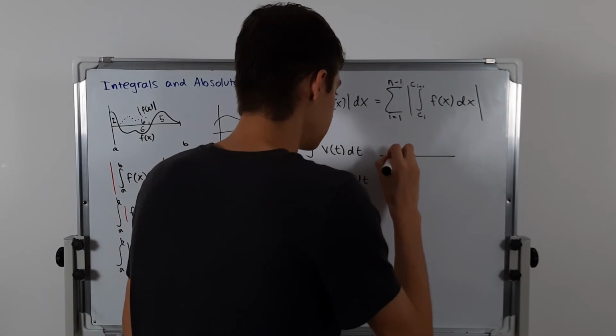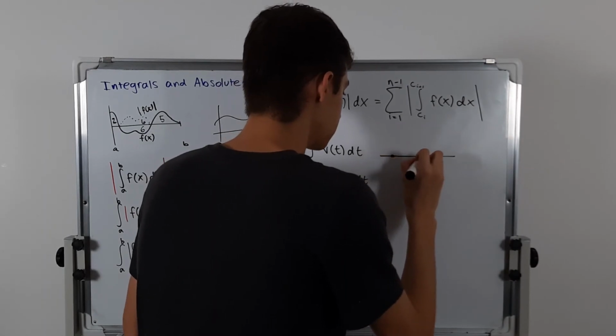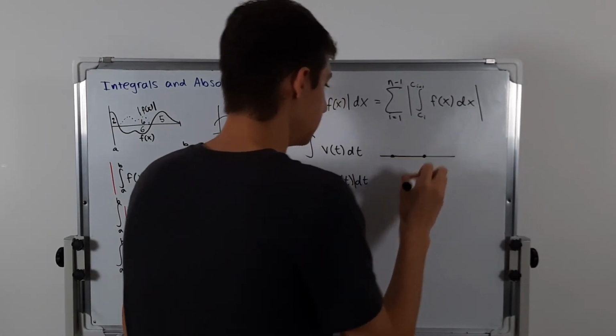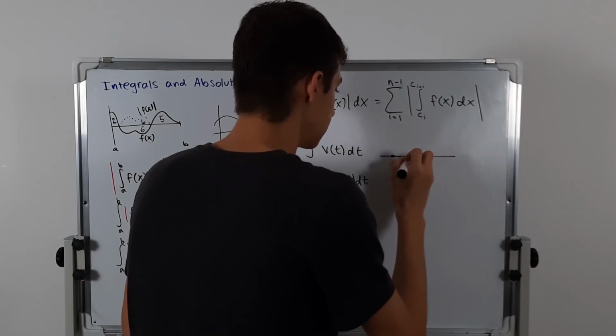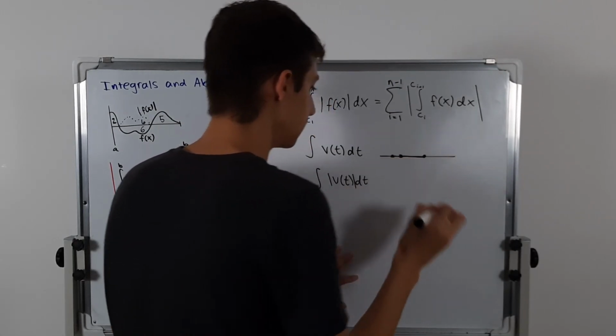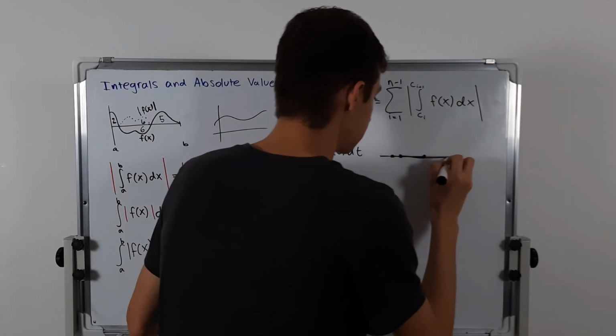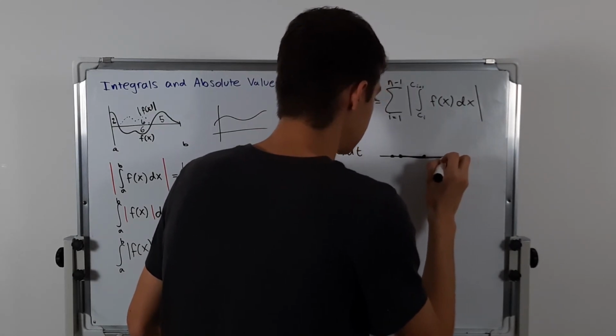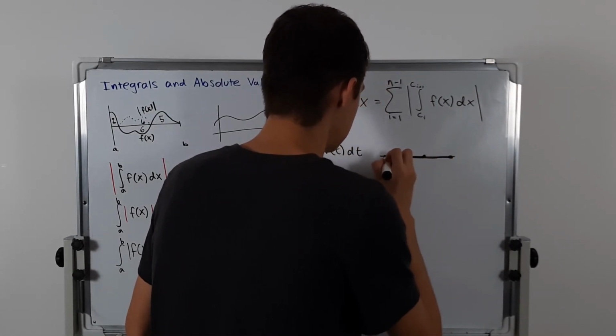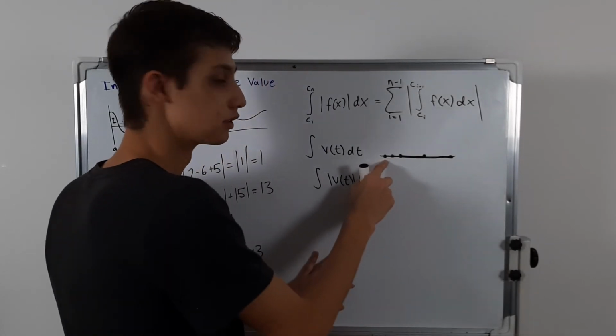It starts here, and then it travels over here, and it ends up here, right? And then it goes back this way, and then ends up here, and then let's say it goes way over here, and then comes back. And let's say it goes past our endpoint. So this is where we started, and this is where we ended.